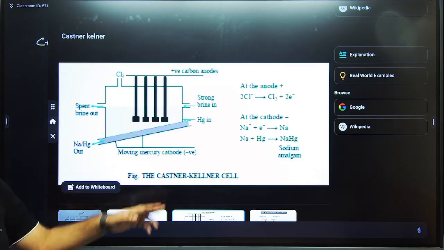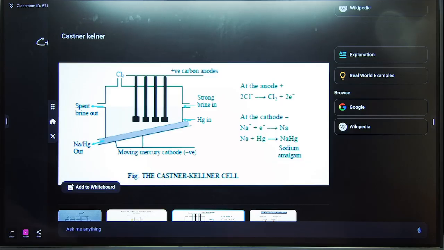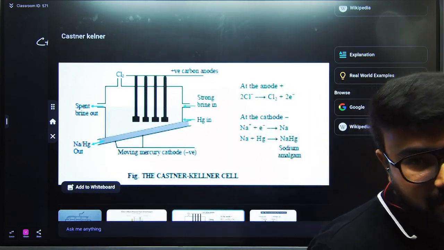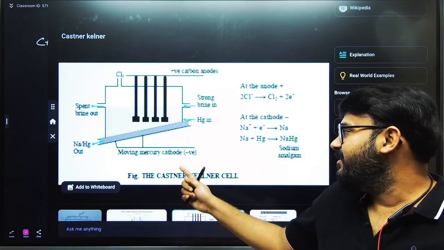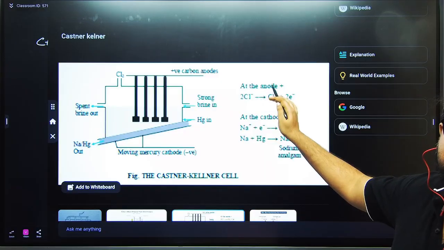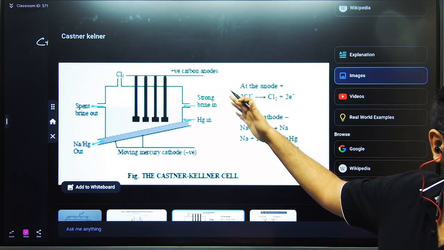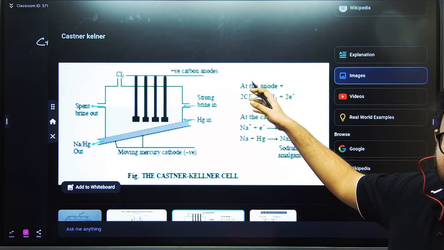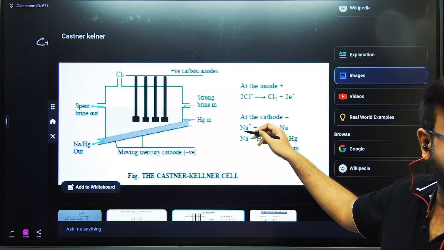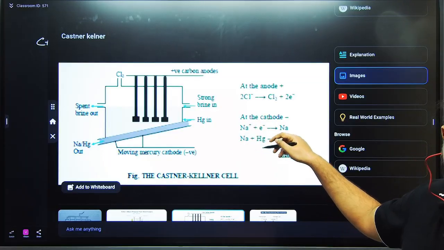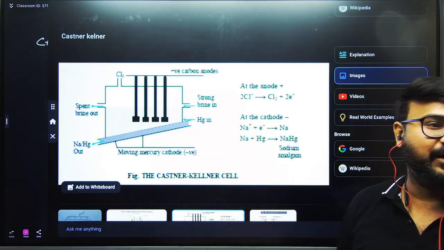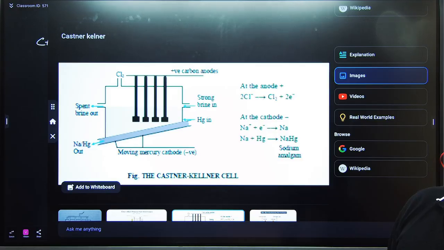So mercury is the cathode. Do you see that? Samanvi, check this diagram. This is your Kastner-Kellner cell, the amalgam one. See who's got deposited. It doesn't hamper chlorine. Anode reaction it has not influenced. It happened as per electrochemical series. It only influenced the sodium. It was supposed to be hydrogen, but because mercury increases the solubility of sodium, hence sodium got discharged over hydrogen.